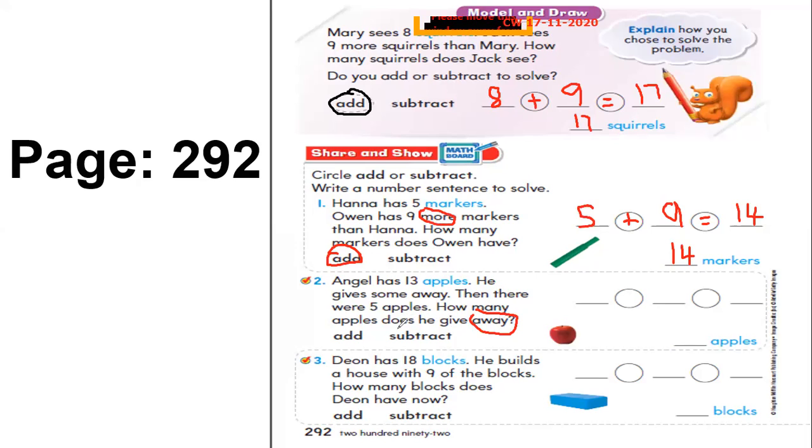That means we are going to do subtraction. So Angel has 13 apples. So let's write the number 13. Subtraction means minus sign. And then there were 5 apples.